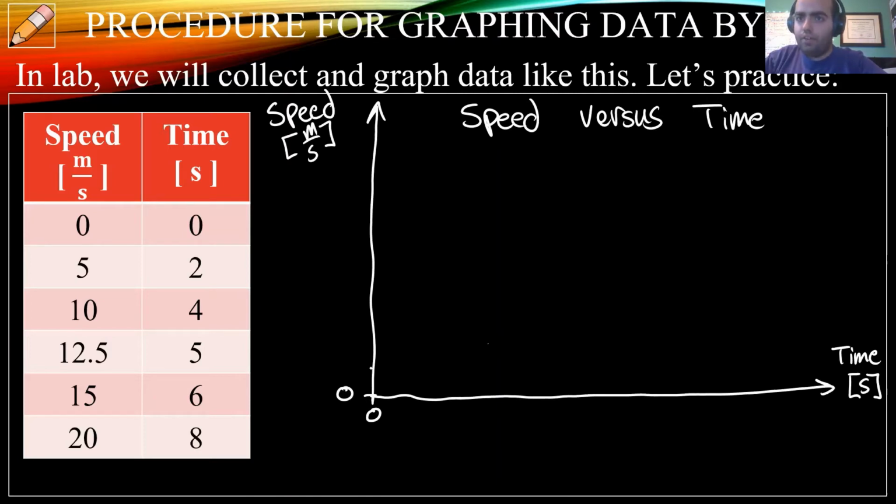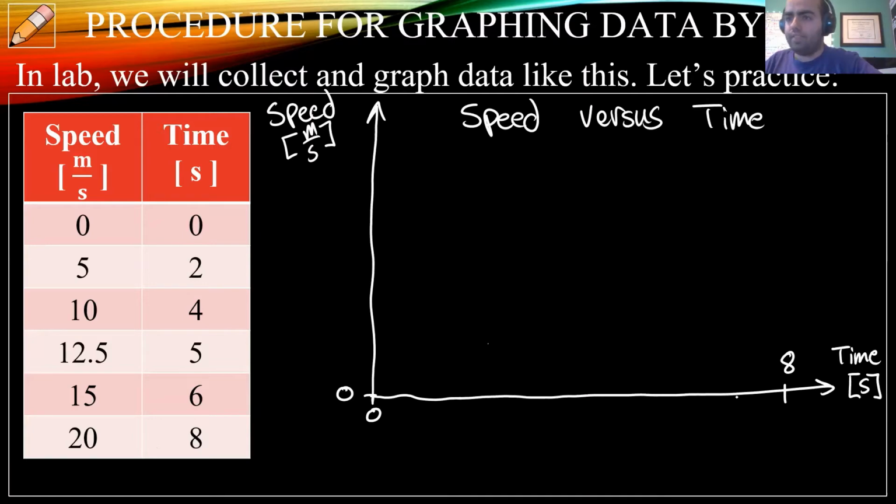This is the starting value for speed that we're plotting on the vertical axis. And then we want to look at our data and say, okay, our data is going up to 8 seconds, and we want to just use as much space as we can on our graph. So if our time is going all the way up to 8 seconds, I want to make sure that I'm using as much of my space so I can make my graph as large as I can.